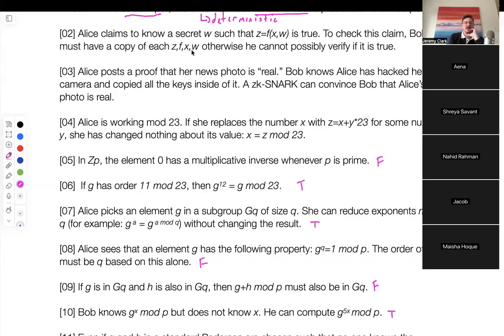The whole idea of a zero knowledge proof is that he doesn't need a copy of W. There's a way of proving this is true without revealing what the value W is. So this statement is false. He does not need to have W in order to prove this.